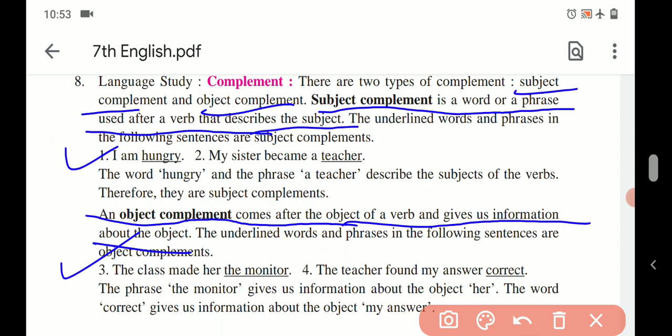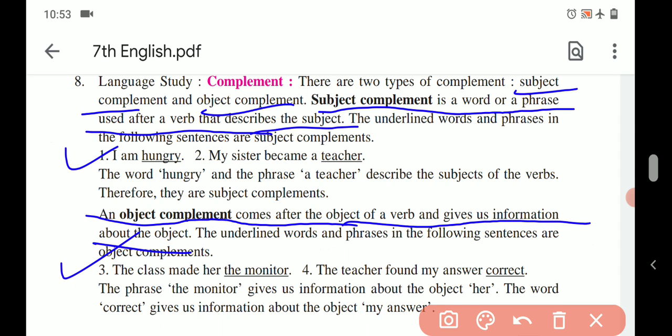The class made her the monitor. Here in this sentence there are two objects. The monitor is the direct object, and the word her is the indirect object. So keep in mind, when there are two objects seen in the sentence, that is direct and indirect object, the direct object is considered as object complement. Why?